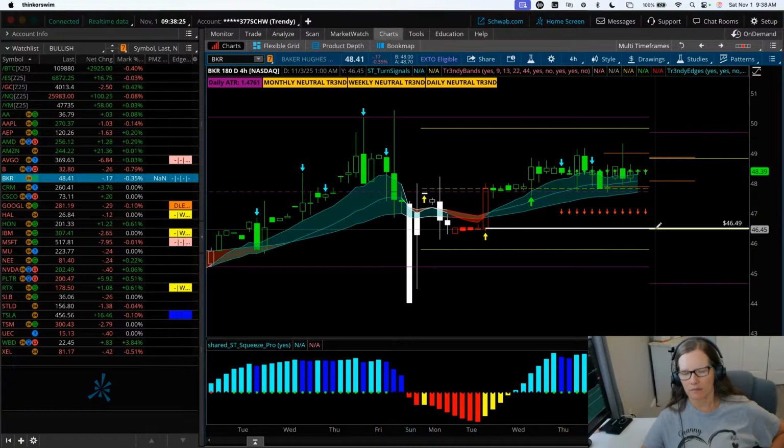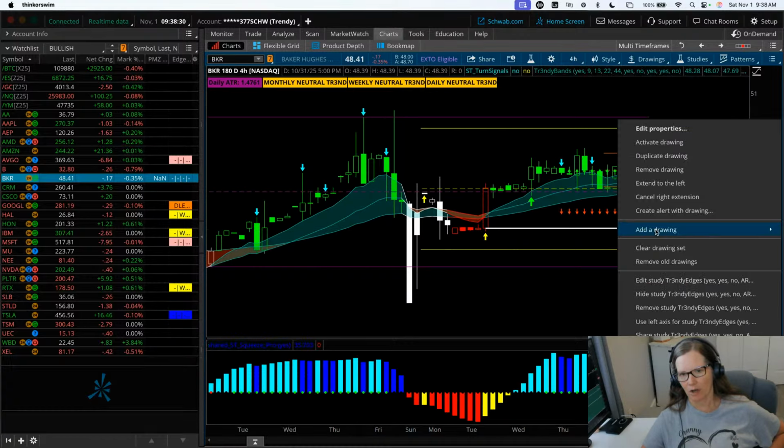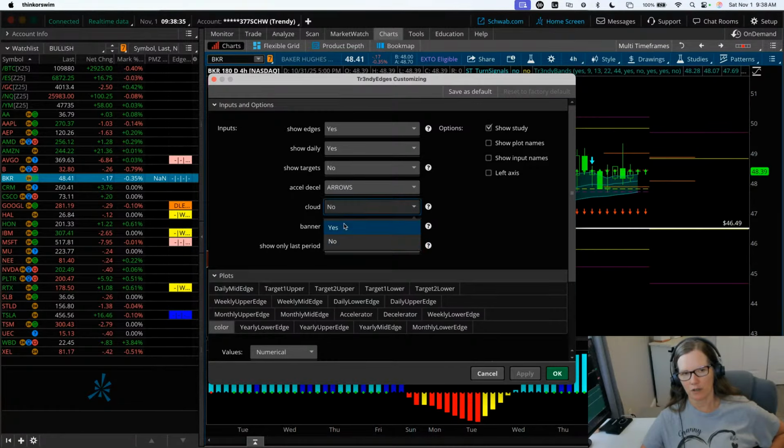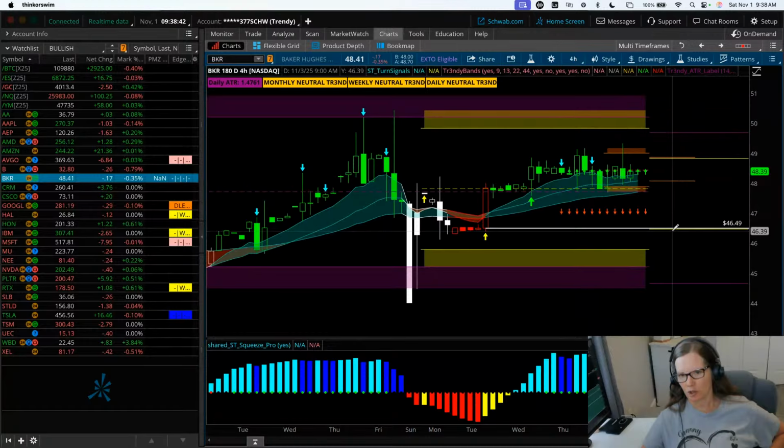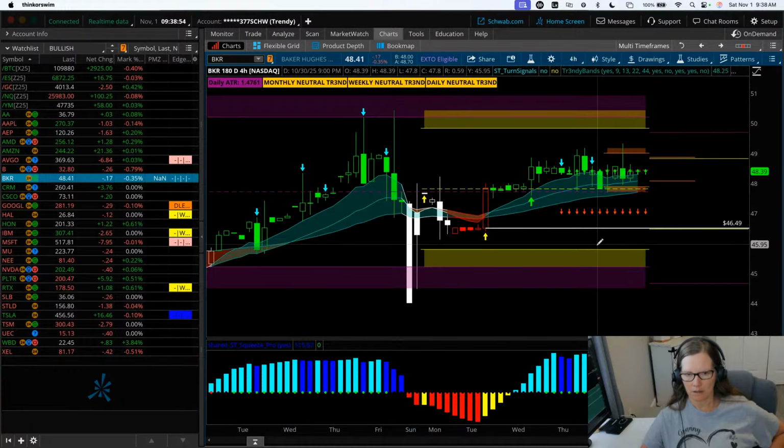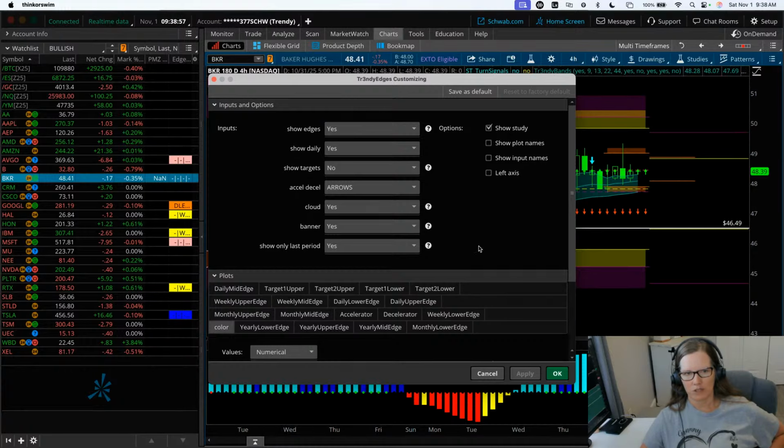But if you have the trendy indicators, you can turn the cloud on these edges and it will give you that range for your risk. It's not going to do it on this future weekly edge until Monday, but you can see how last week's edge would have looked. And it's going to give you a risk of about 60 or 70 cents there. So, just FYI, you don't have to manually draw these.